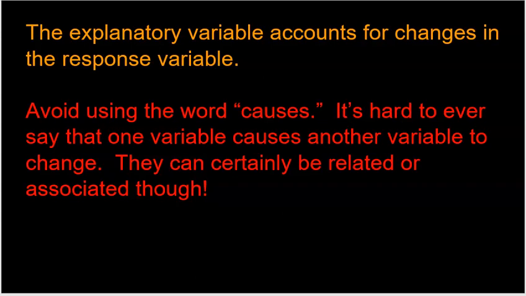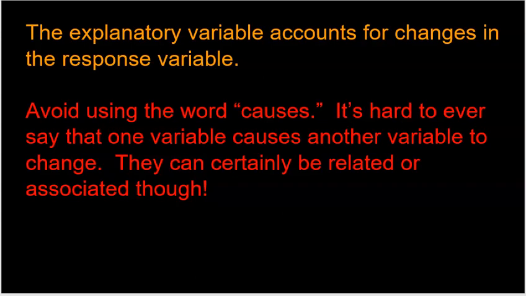hard in the world we live in, where there are so many variables at play, to say, if you drink milk, it's going to cause you to get taller. The more milk you consume, that's an explanatory variable, it's going to cause you to get taller. That would be the response variable. But boy, there's a lot of other things like genetics, exercise, mom's height, dad's height, how much food you eat.